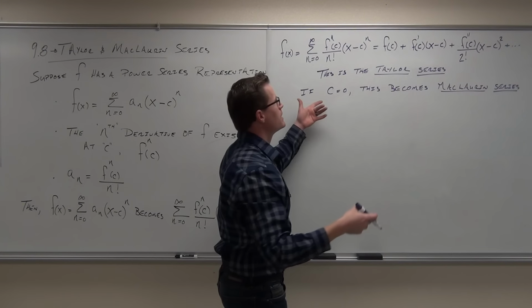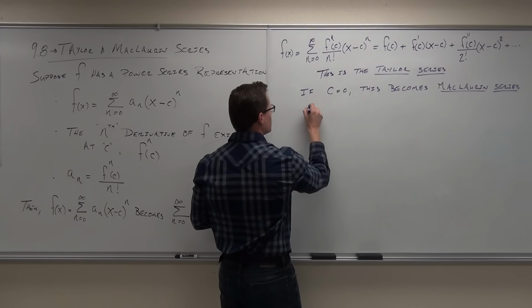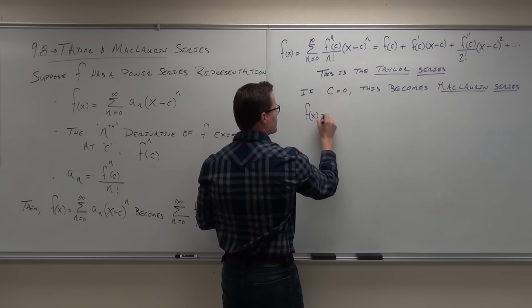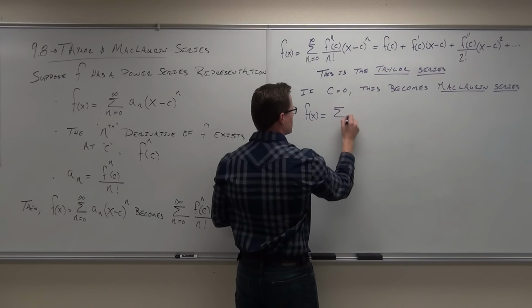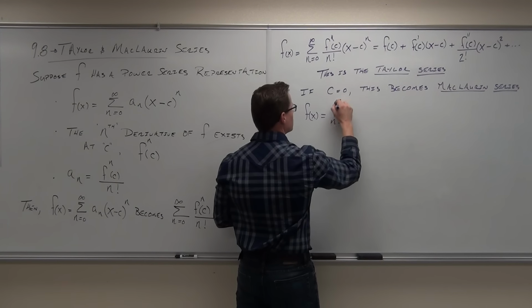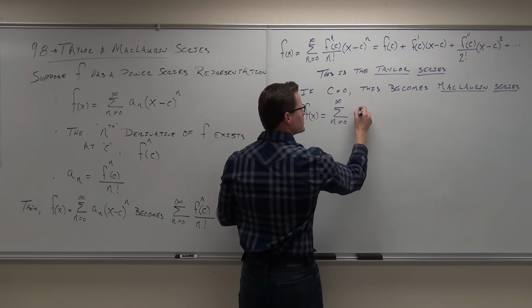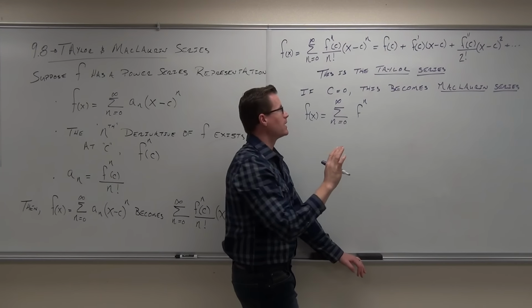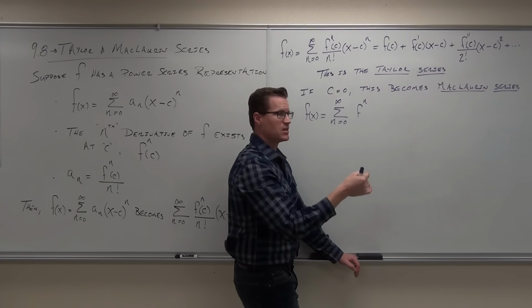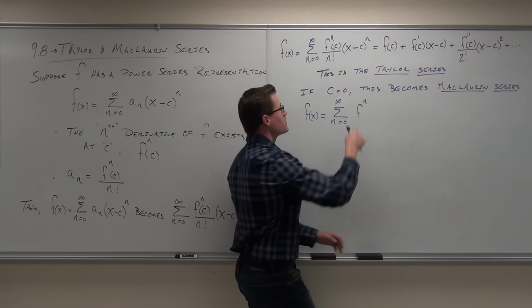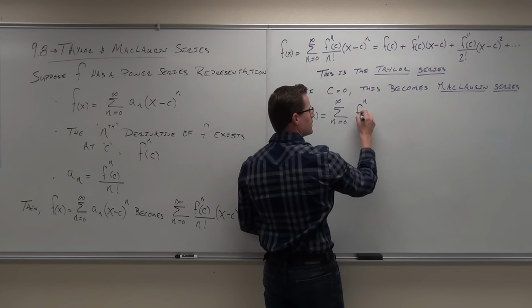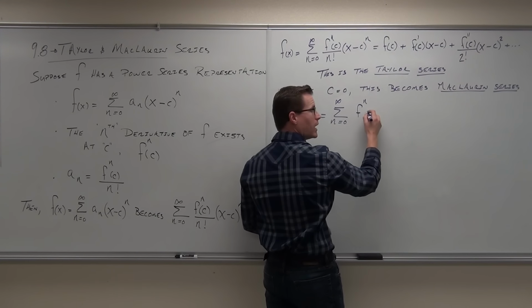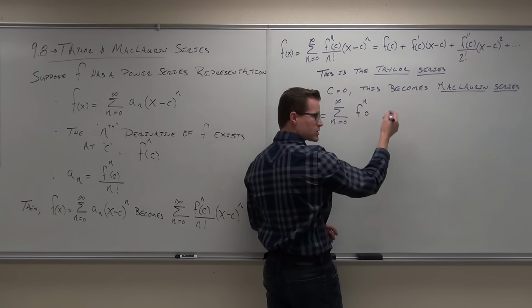It makes our notation a little bit nicer. So f of x would now become, for a Maclaurin series, a series from n equals 0 to infinity of the nth derivative of f at 0, all over n factorial, times x to the n. Notice how the n does not become 0. It's the c that becomes 0.